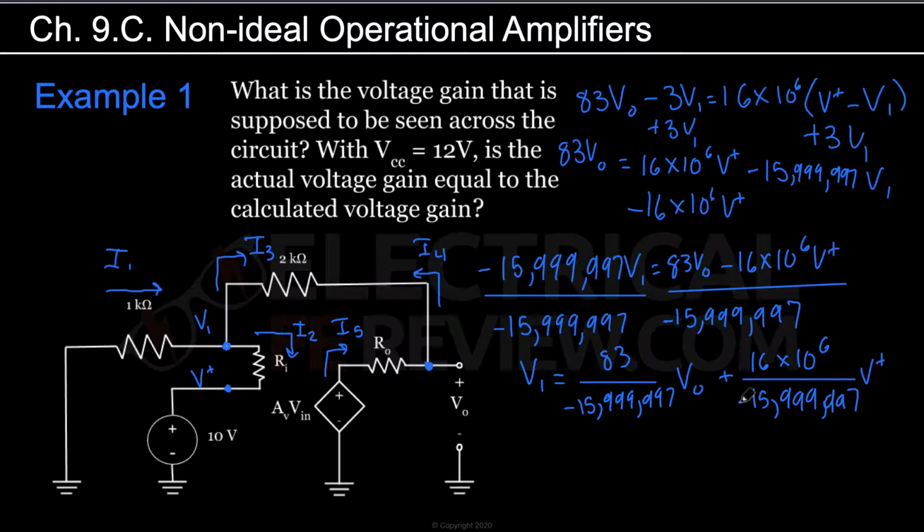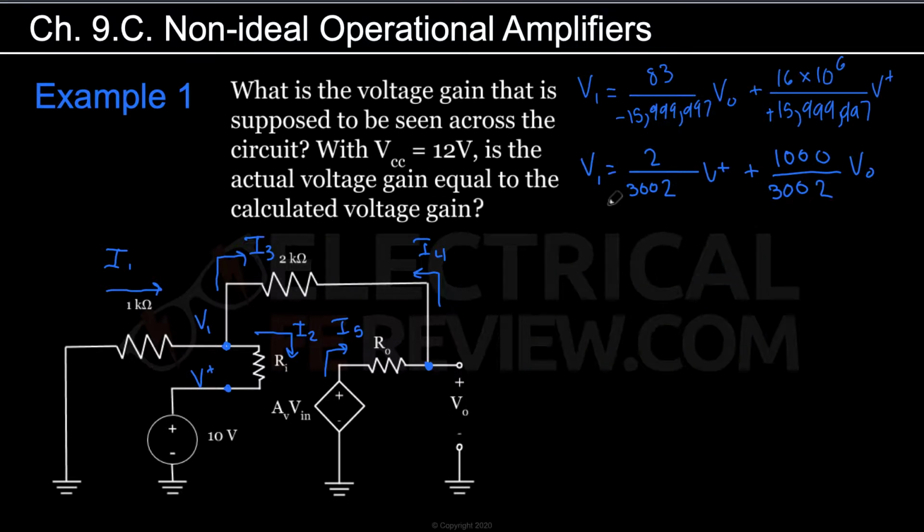And this should actually also be positive. And what we're going to do now is take this equation and combine it with the other equation we got from using our first node to solve for the gain of our circuit.